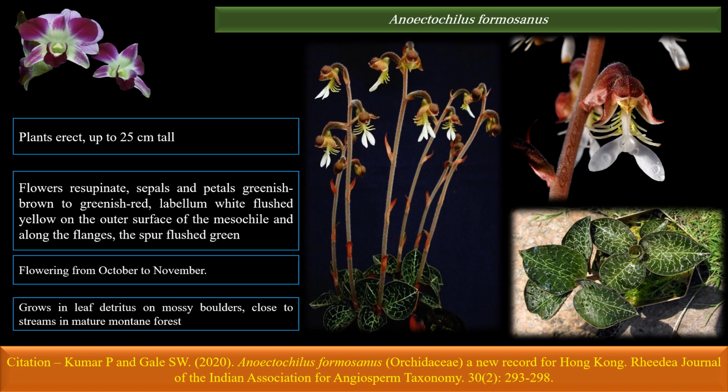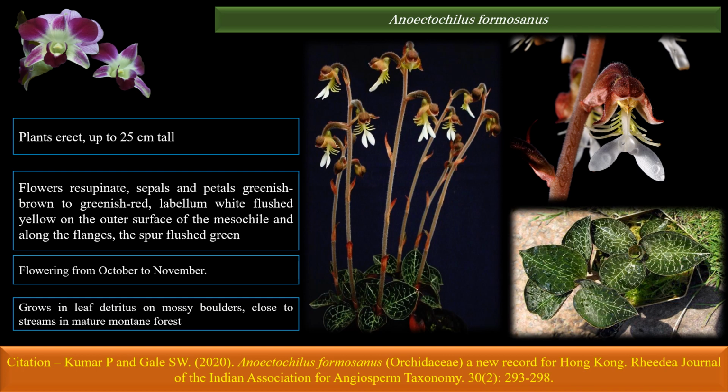You can also go through it and get to know about other characteristics or other variations that you want to know. The flowers are resupinate, sepals and petals greenish brownish to greenish red.